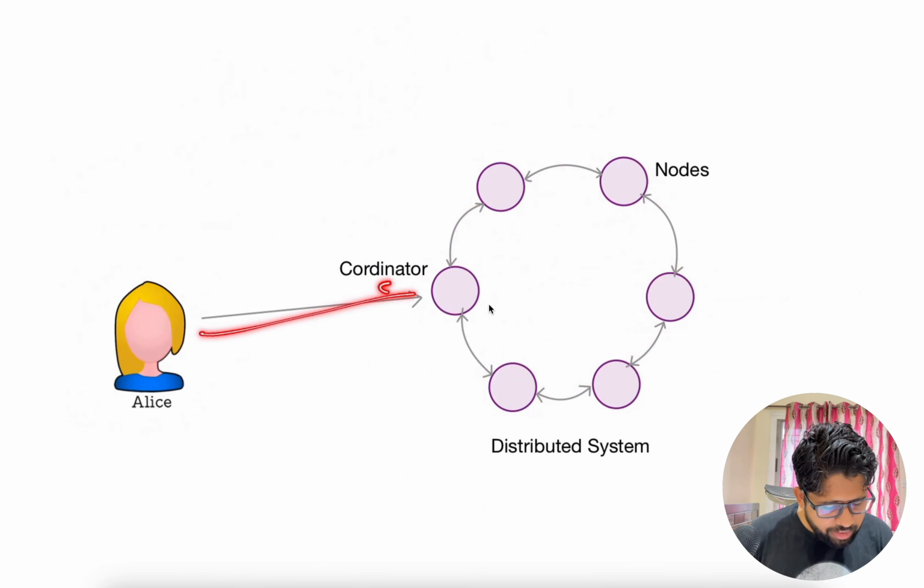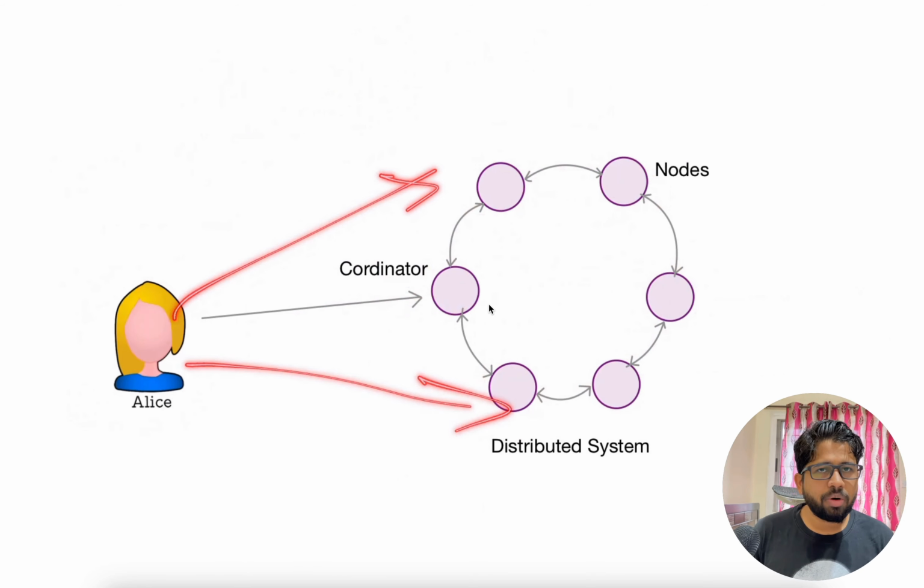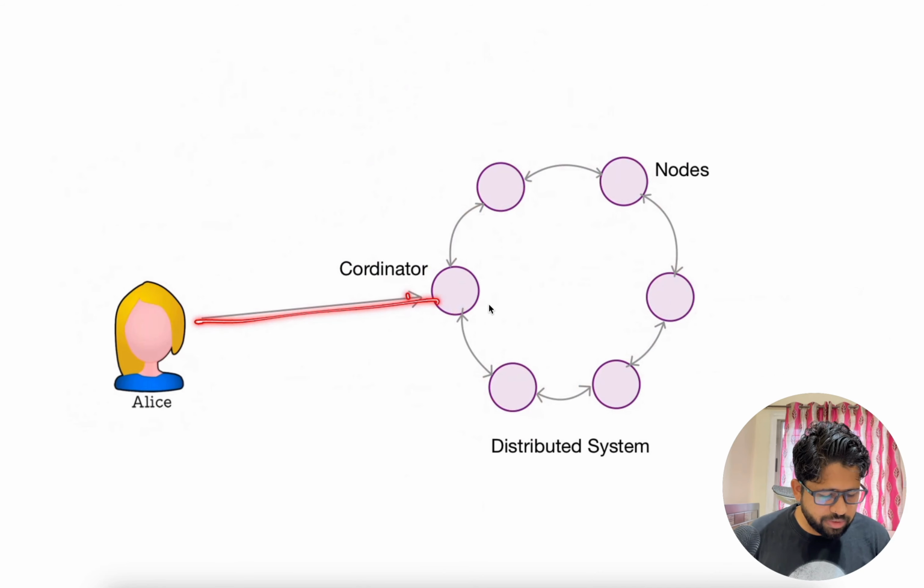She will make a request to any of the nodes in the distributed system. It's not that she is going to spam her request to all the machines. She is just going to make a request to one of the machines based on lots of parameters, like which system is nearest, which is accessible, which connectivity is fastest, and all those things. And she will make the request.